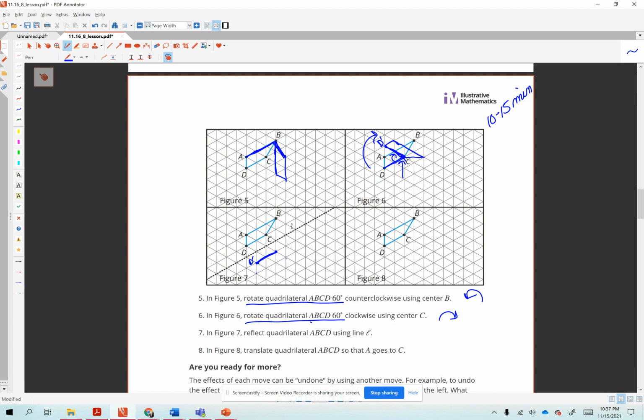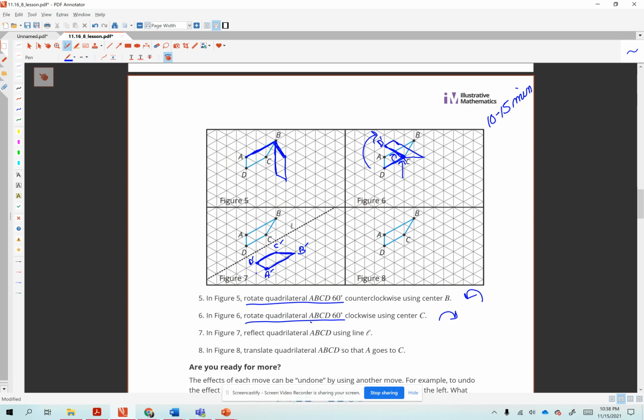Point A, right here. And point B right here. Let's see, it's my A prime, B prime, D prime, and point C prime. There we go. Oops.